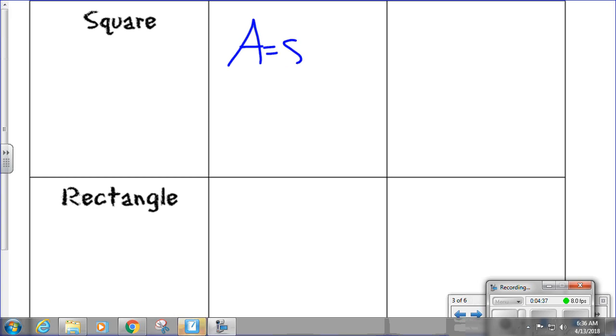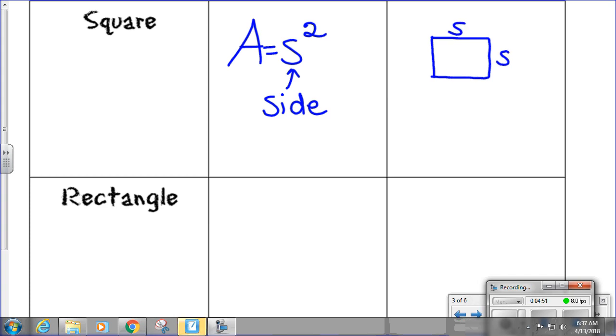Area equals side to the second power. So S in this case means side. In a square, since all sides are the same length, we can use the exponent. S to the second power is also S times S, to refresh your memory on how to use exponents.